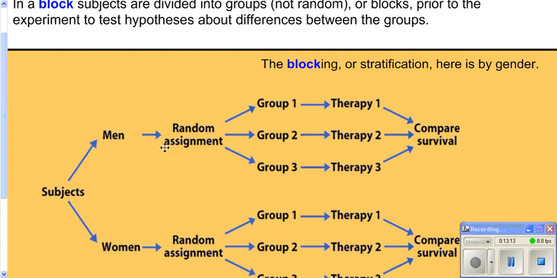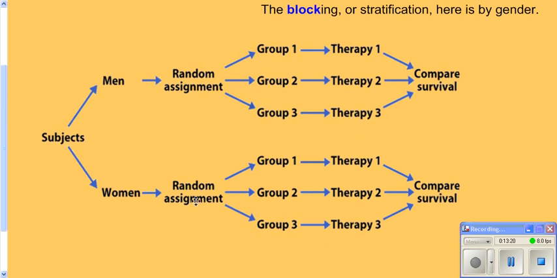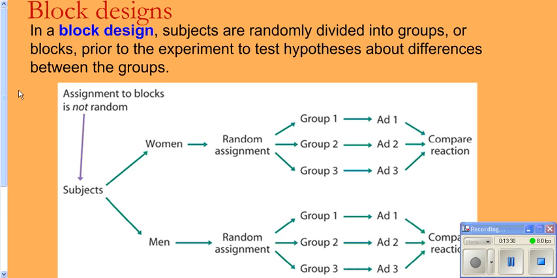Then within each gender, you would randomly assign them to a different group to receive a different treatment. And down here, you would randomly assign your women to one of three groups to receive treatment. And then you would compare the results of the men to the women. The subjects are not randomly assigned when you're dealing with blocks. But once they are within that block, they can be randomly assigned.